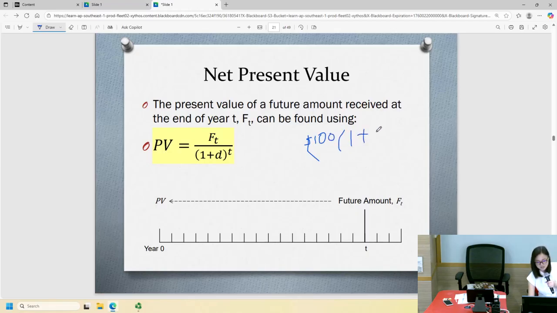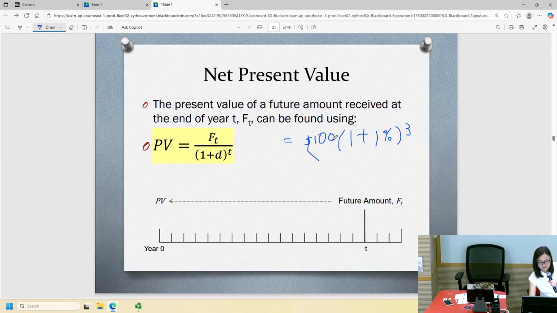Let's say you have 1% of interest, and you put it in the bank for 3 years. So this is the amount of money that you will get 3 years later, right?